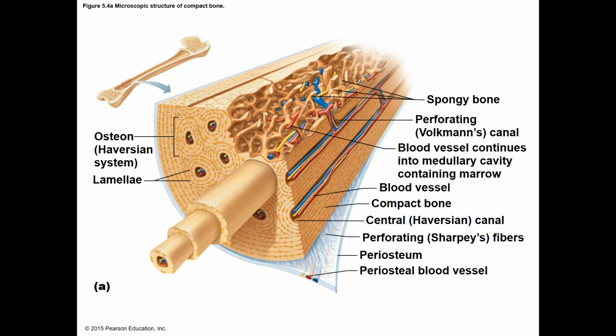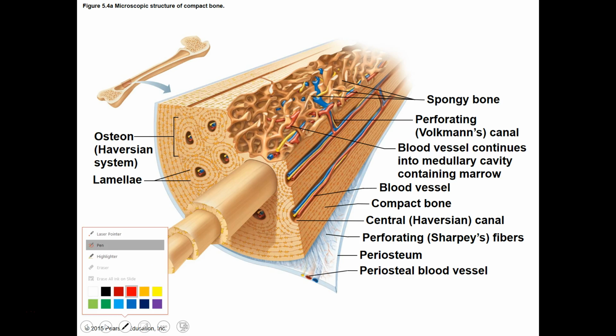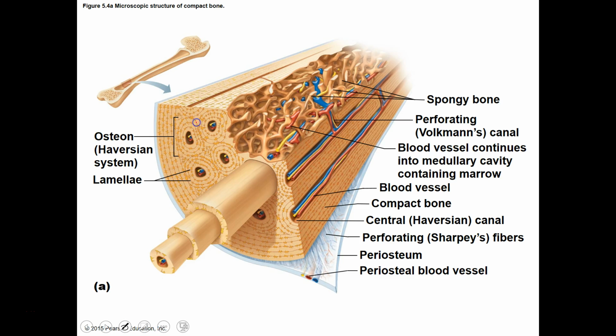So when we take a look at this, let me get my pen back up here. Okay, you can see these little yellow dot-looking things in here. What are those things? Well, those are osteocytes. Those are bone cells.